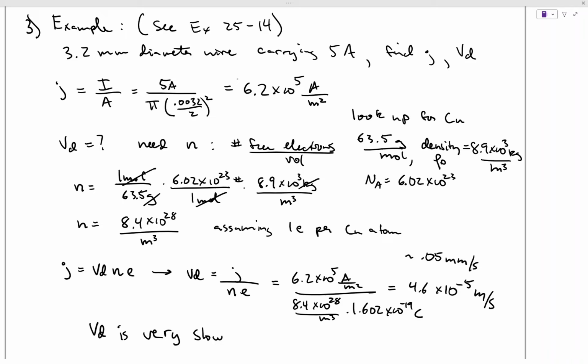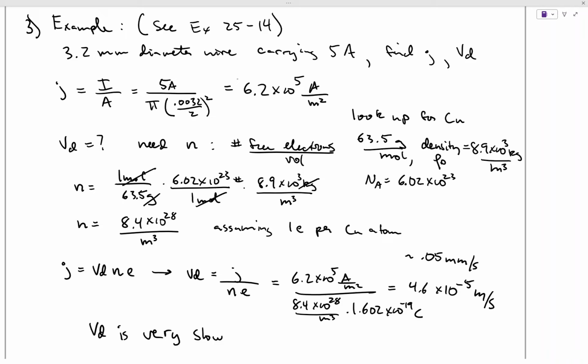It's 1/20th of a millimeter per second, which is crazy compared to how you know how fast electrical signals travel. They travel really fast, right? There's not a delay between when you turn a light switch on and when the light turns on due to the traveling of that signal. So the signal actually propagates much faster than the electrons themselves as they move through the wire, which is interesting.